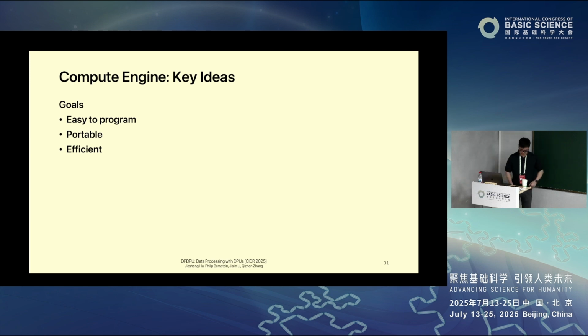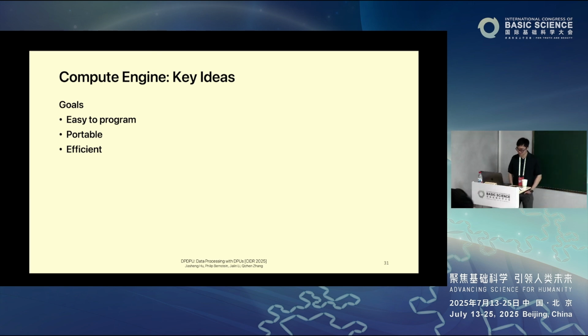So the compute engine. We have three specific goals for the compute engine. We want ease of programming, because the vendor provided SDKs are too low level for packet processing.